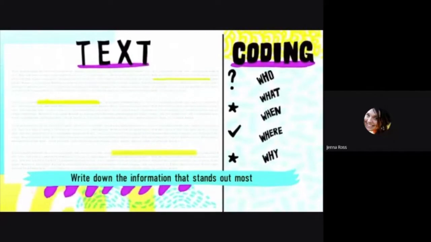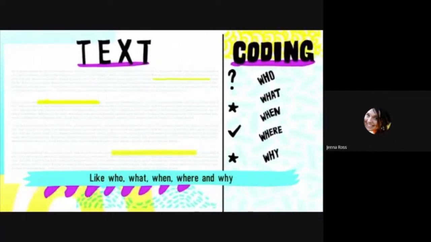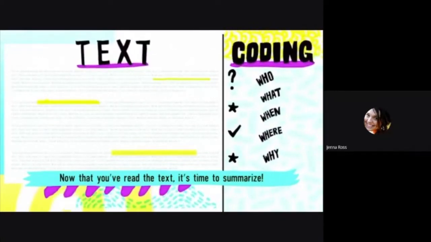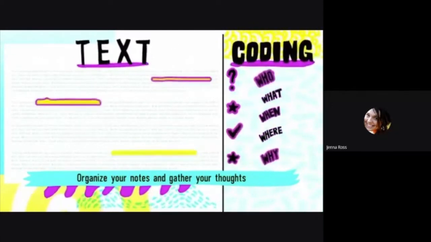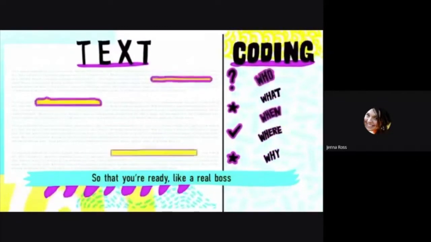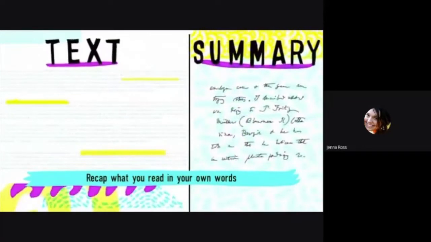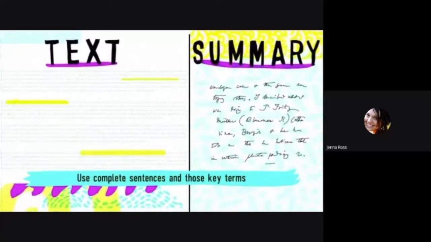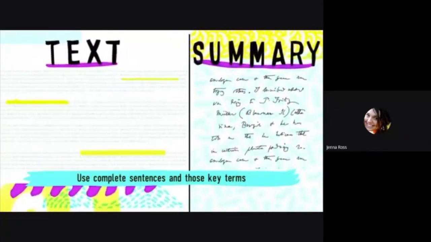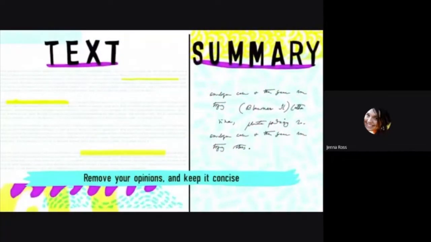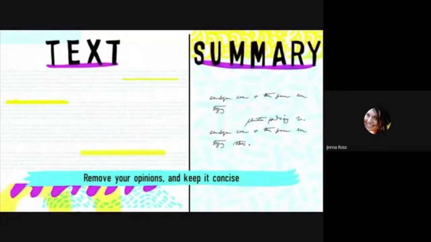Organize your notes and gather your thoughts. Recap what you read in your own words. Use complete sentences and those key terms. Once you write the summary, review and revise. Remove your opinions and keep it concise.